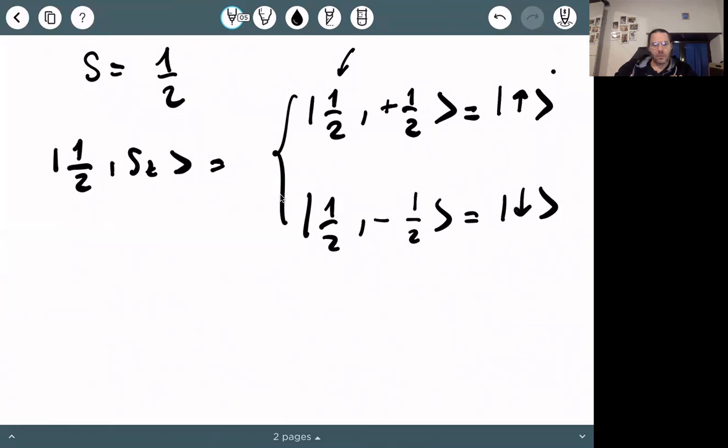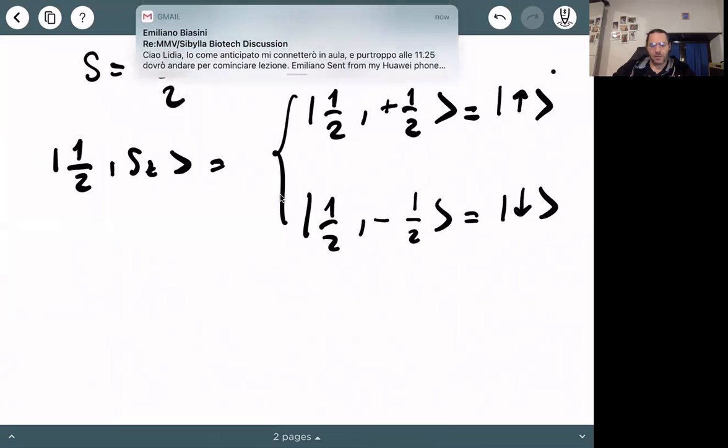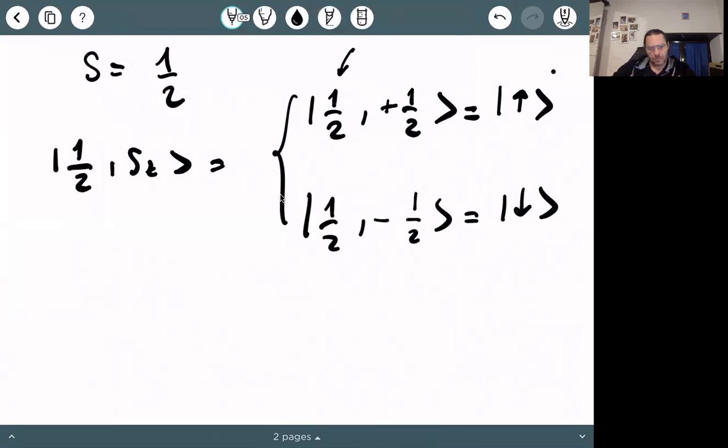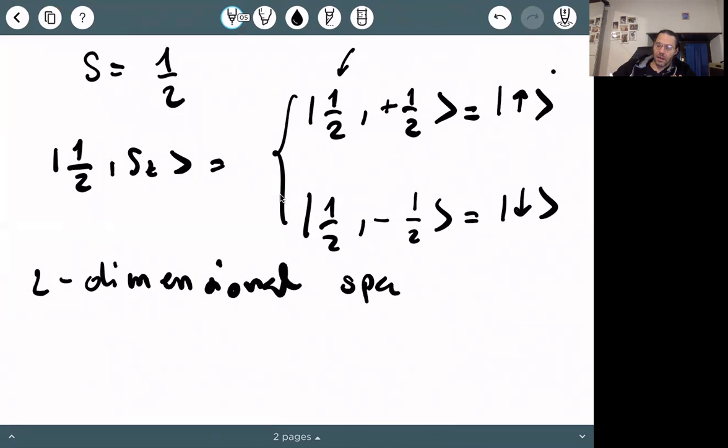So let's for a moment focus, still recapitulating on the previous lecture, on the situation where we are only interested in the spin degrees of freedom of a particle. Then we have a two-dimensional space. So in this particular case, the Hilbert space is actually two-dimensional and not infinite dimensional.